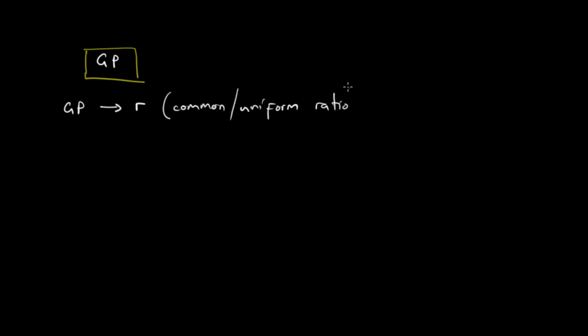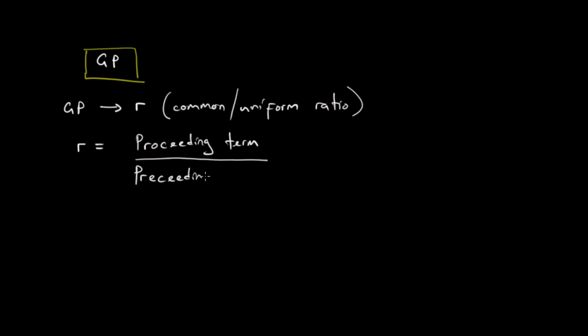And this common uniform ratio R inge equal to the preceding term. Kuroti term iri kumberi in a sequence dividing the preceding term. Kureva term inge iri kumasure in a sequence.